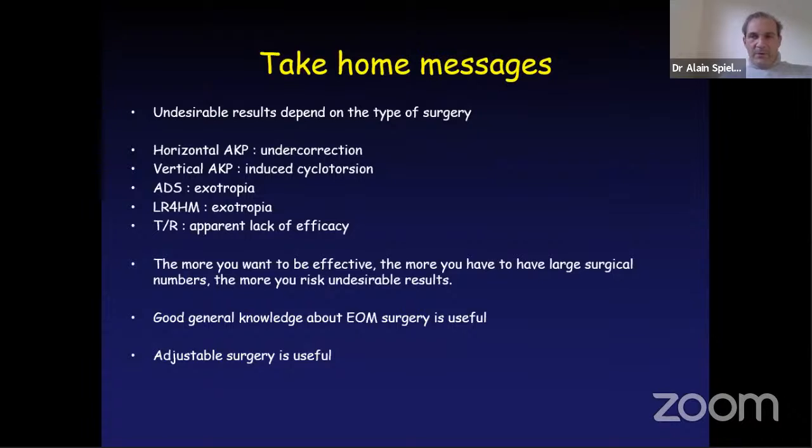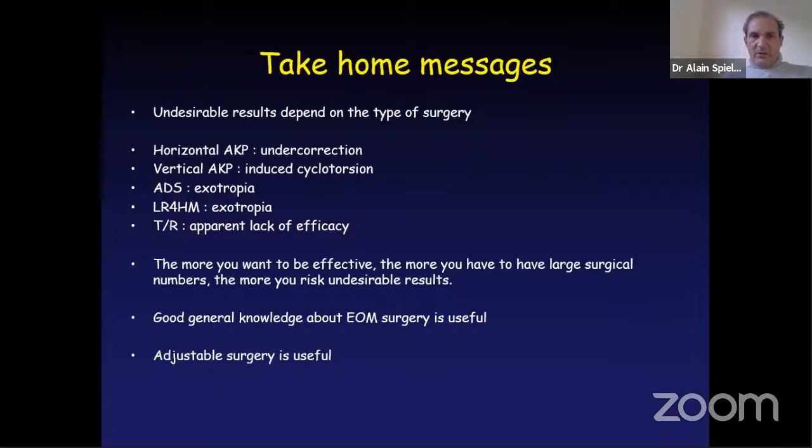To sum up all what I said, undesirable results depend on the type of surgery, and if I have to choose one main undesirable result for each surgery: for horizontal anterior transposition procedure, the main problem is undercorrection.